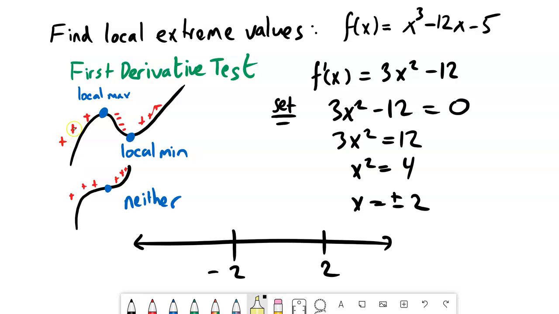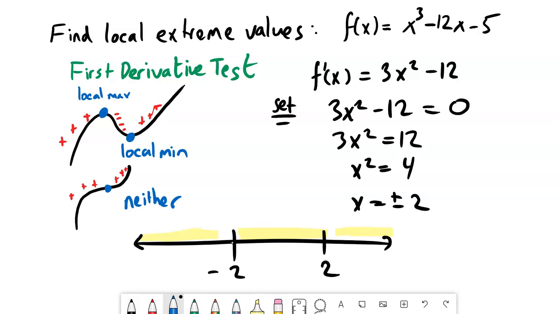With polynomials, we know the sign is never going to change somewhere in the middle of a region, because if it did, there would be a local max or local min there. So this whole section is going to stay either positive or negative, and we just want to find what sign it is in this interval, and similarly in this interval and in this interval.